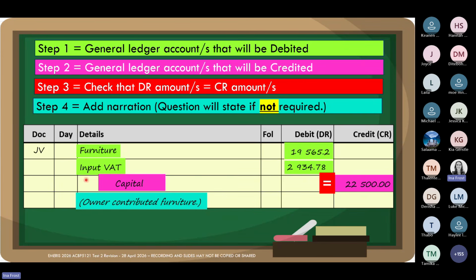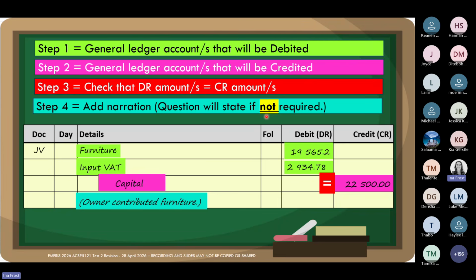Okay, so the 4 steps: step number 1, which general ledger accounts will we debit? Step number 2, which general ledger accounts will we credit? Step number 3, make sure your debit and credit amounts are equal. And step number 4, add the narration unless the question specifically states that it is not required.